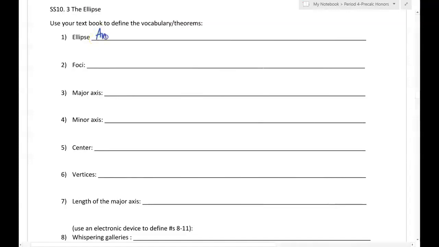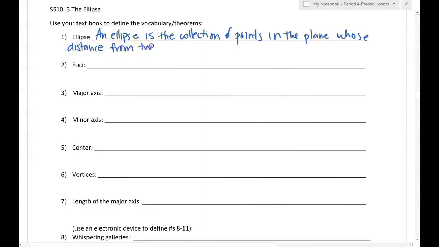An ellipse is the collection of points in the plane whose distances from two fixed points, which are also known as the foci, add up to a constant number.